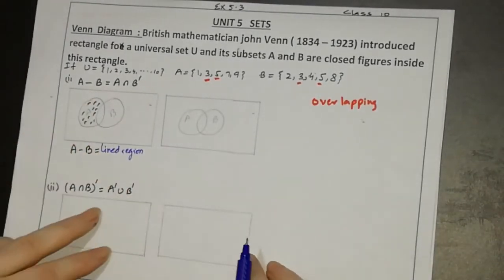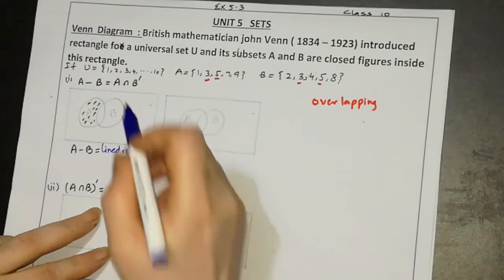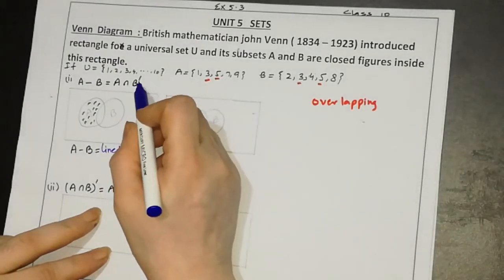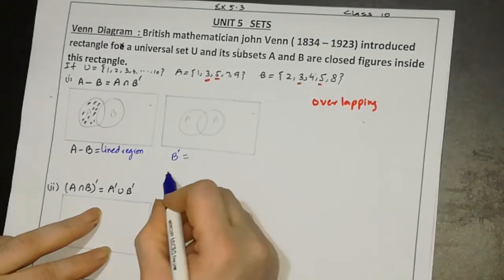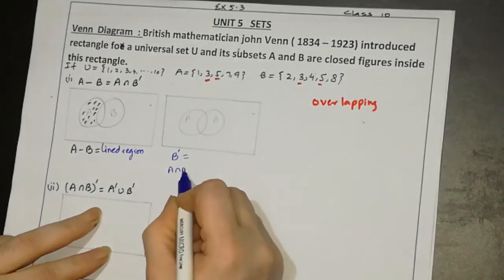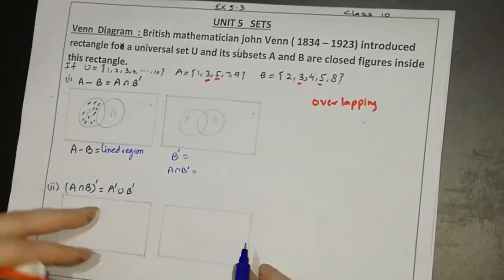Now for the right-hand side, what is this? A intersection B complement. So first I will find B complement, then I will find A intersection B complement.